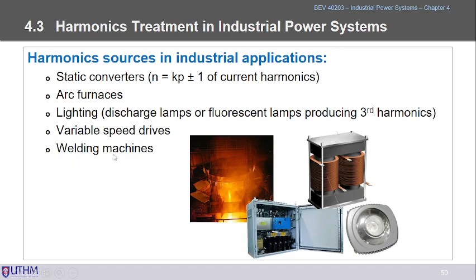And the last one is the welding machine. This is not all the harmonic sources, but some of the significant harmonic sources in the IPS. Welding also plays quite an important role in harmonics generation in our industrial power system.